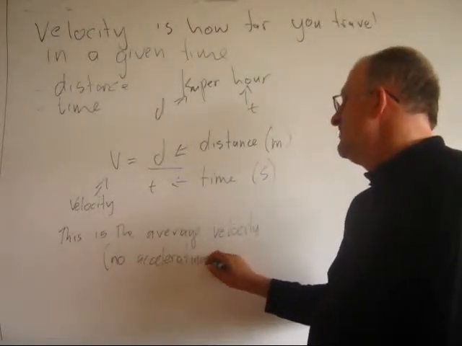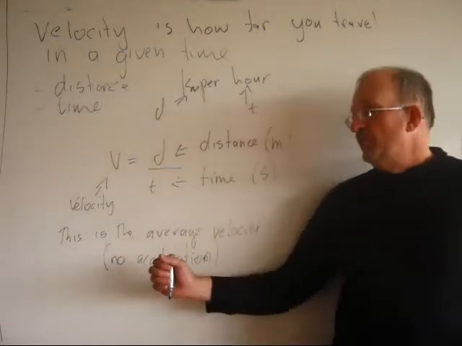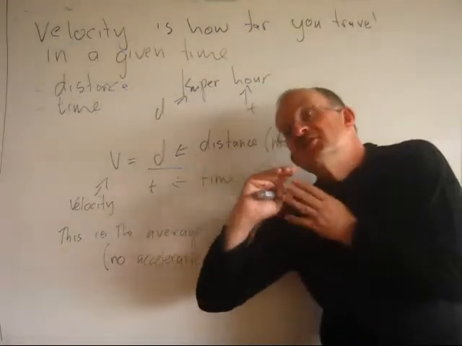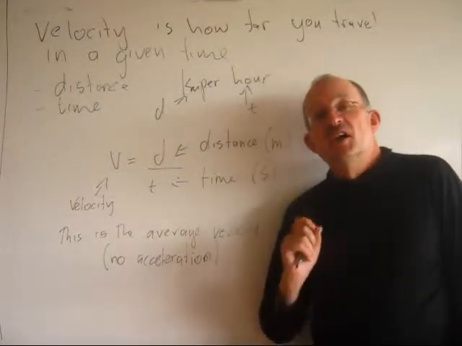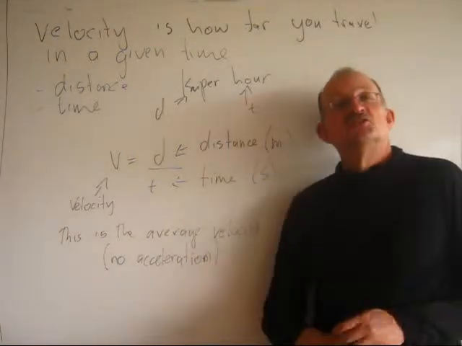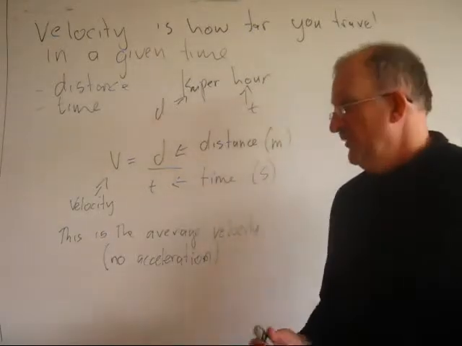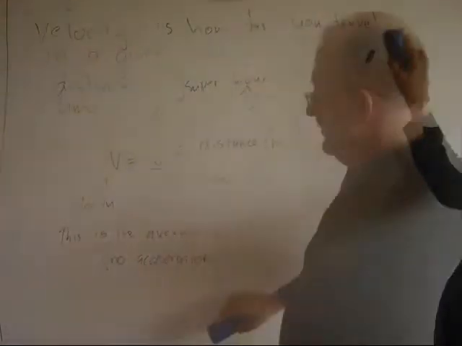We'll define acceleration later, but it's really important. There is no acceleration. This is an object travelling at the same speed all the way across that distance. And that makes a big difference. If we're going to take into account acceleration, we've got a whole series of equations that will do that, but that's not today. That's a later day. So let's try an example.